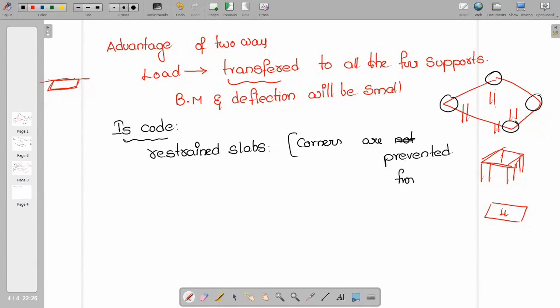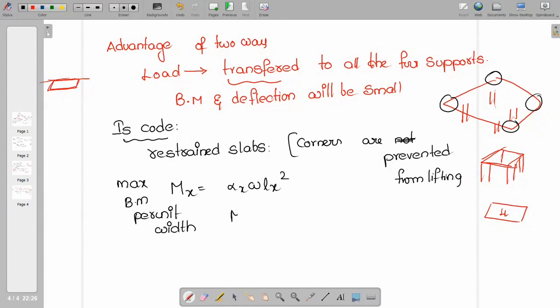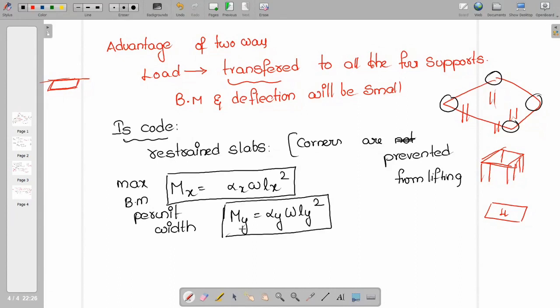If the corners are prevented from lifting, in this case the maximum bending moments per unit width will be Mx equal to alpha x into W Lx square, and My equal to alpha y into W Ly square. So these are the moments.